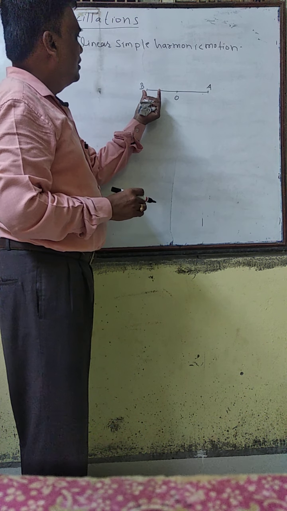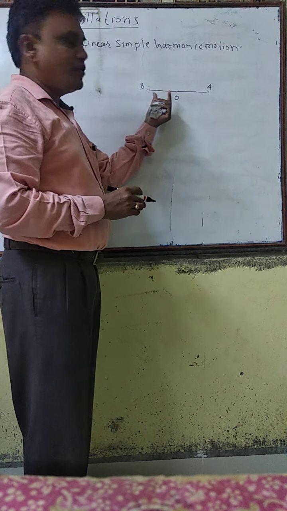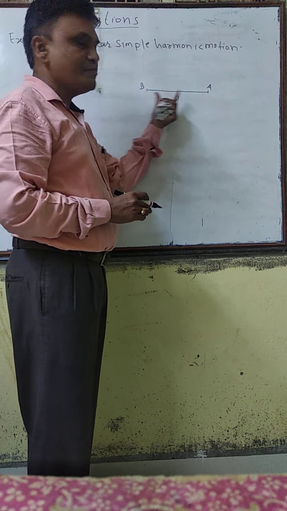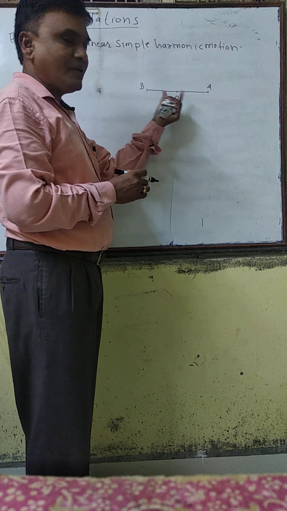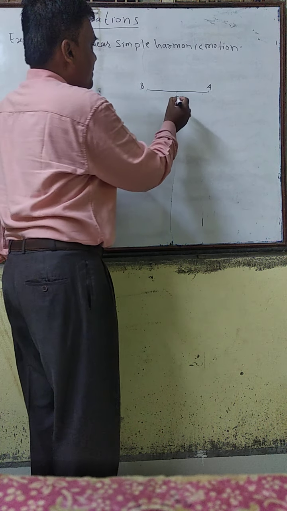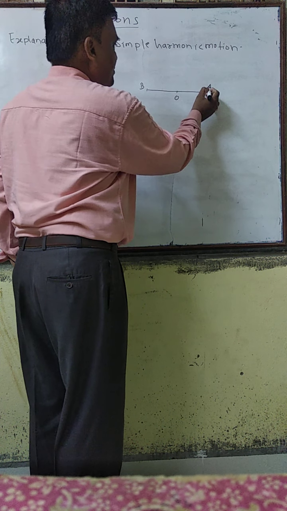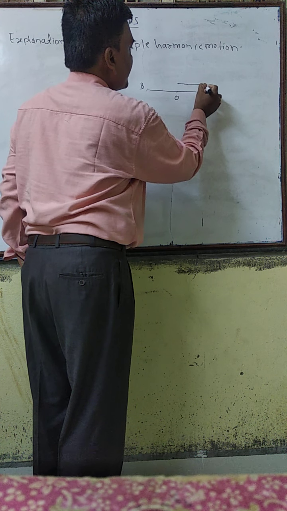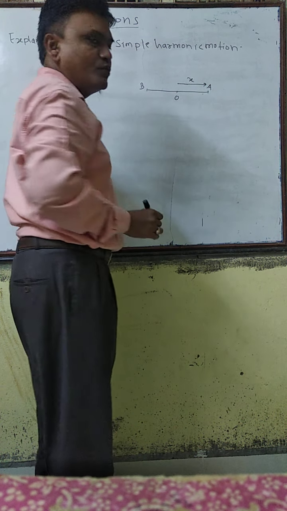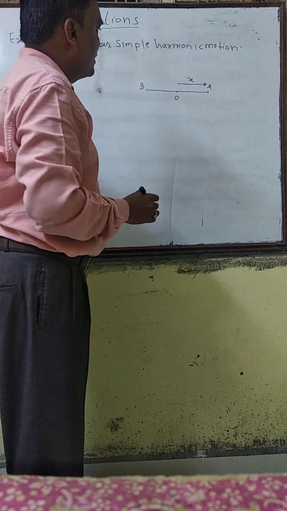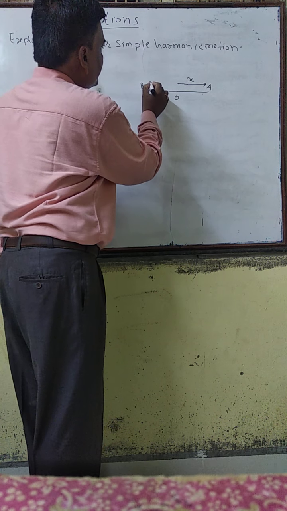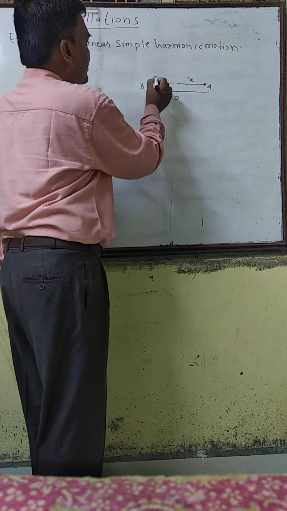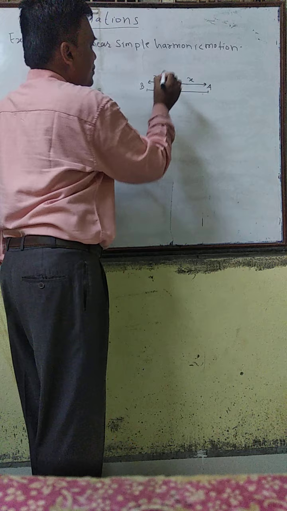And the object performs to and fro motion about this mean position along this path. If the object is at the extreme position, this is the displacement of the particle from the mean position, suppose x, and this is the displacement of the object from the mean position on the other side, that is also x.